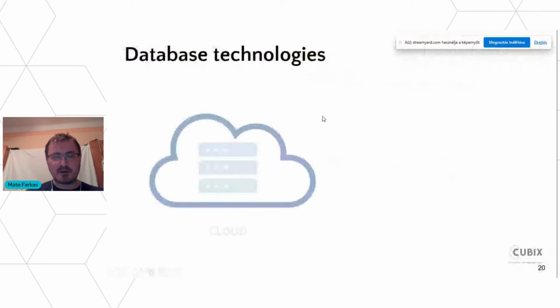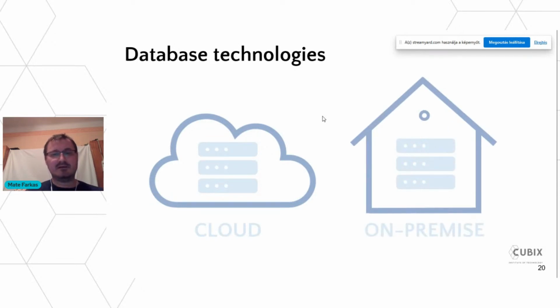Okay, so a cloud-based database is a database server or a database which is served not locally on our network or the company's network, but it is hosted by a third-party company or a service provider somewhere on the internet, and we can connect to that database over the internet. So that's the difference between cloud and on-premise databases.